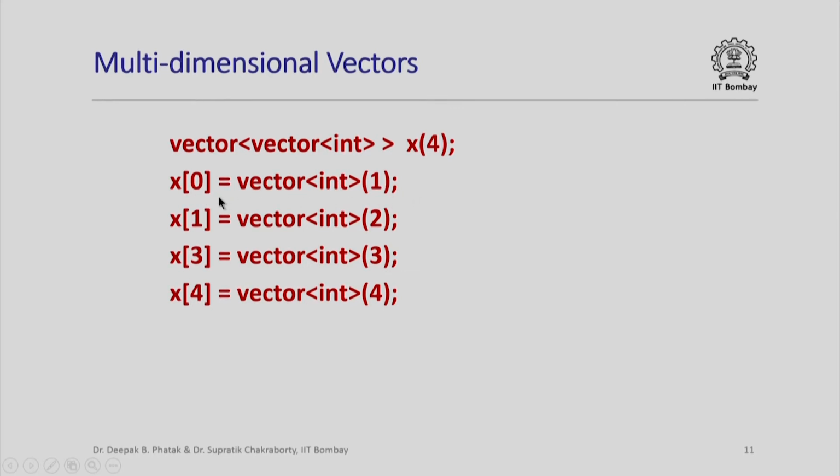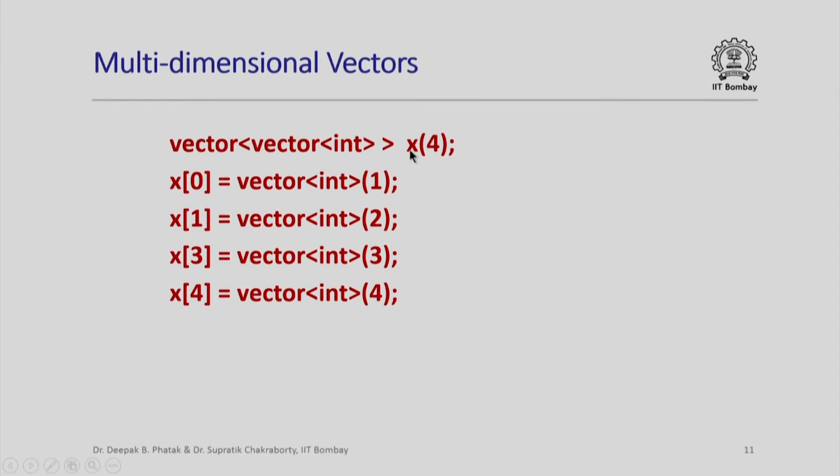This is basically calling the constructor function of the vector class instantiated with integer for the generic type with the parameter 1. So, therefore, this is going to return a vector of integers of size 1. So, now I am saying that x[0] is going to be a vector of integers of size 1, x[1] is going to be a vector of integers of size 2 and so on for 3 and 4.